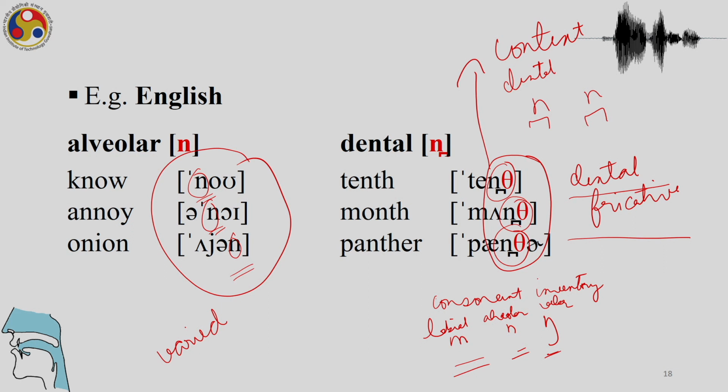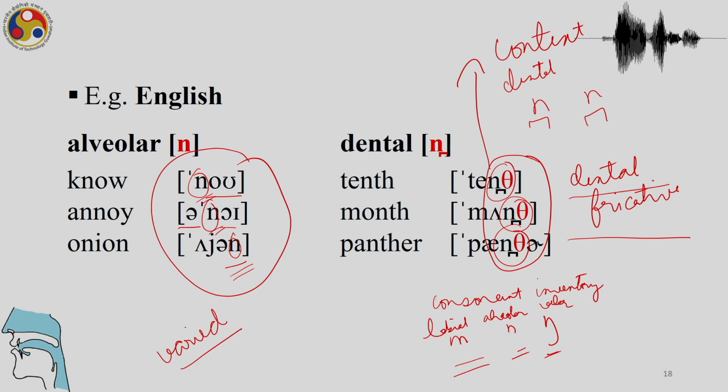So, now we see that there is varied environment here, and what are those? This is n initial, stress position, initial n followed by a vowel, and then we have medial n flanked by vowels on both sides, and then we have a final n. So, initial, final, medial, 3 contexts, and preceded by vowels, followed by vowels, and also final, which is preceded by vowel, initial, which is followed by vowel, medial, which is flanked by vowels on both sides.